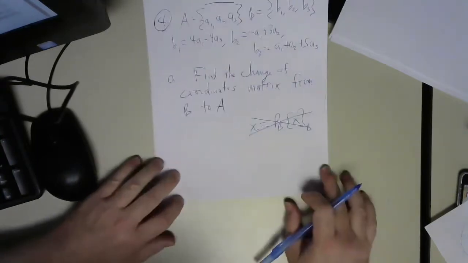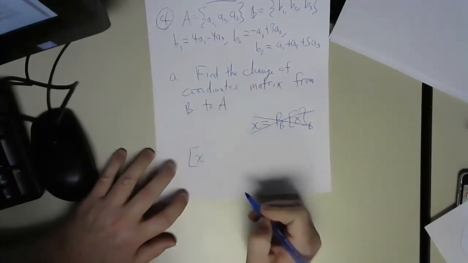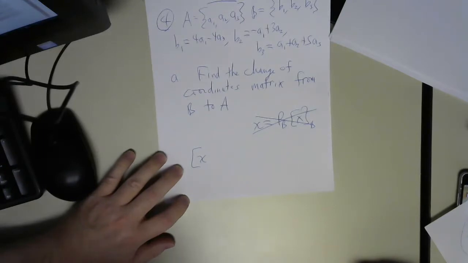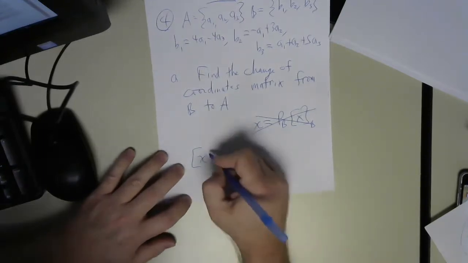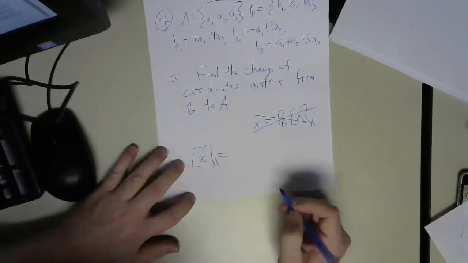The key equation in this section is the following equation. If you want to go from basis, and I guess I'll use the same letters in this problem, we want to go from B to A, then you essentially want to find a matrix that will satisfy this equation.